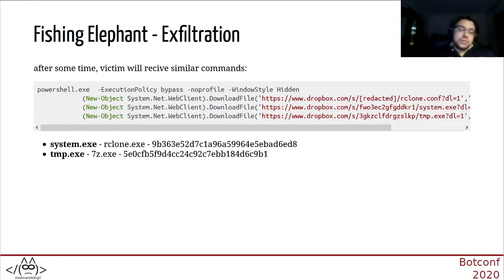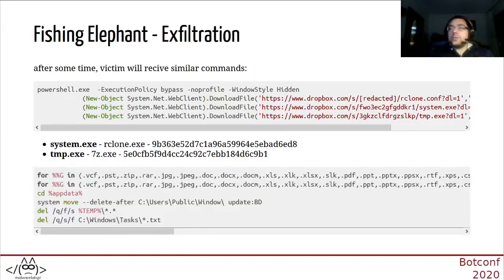The first one is a compiled binary of rclone, and the second one is 7zip, obviously. And rclone is actually a tool used for managing cloud disks, so different storages. One of those would be Google Drive.